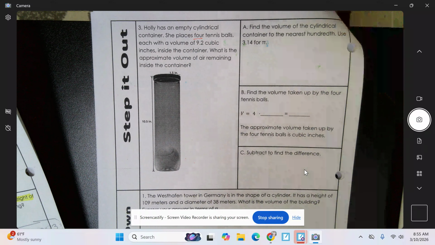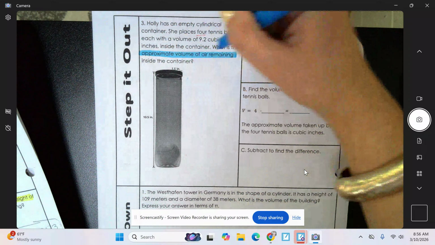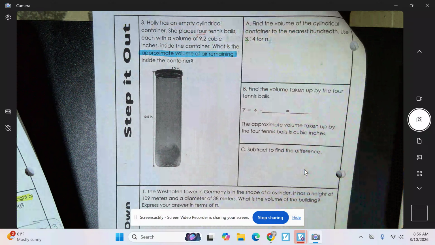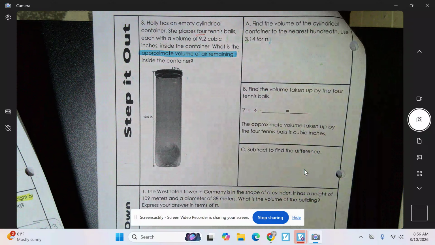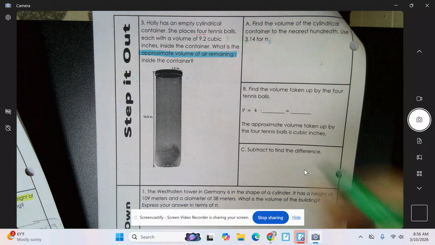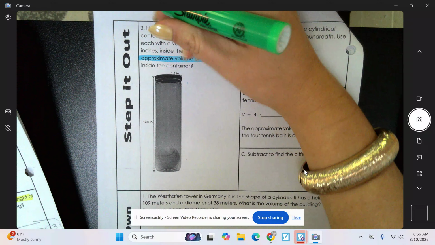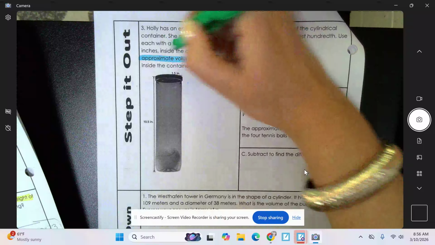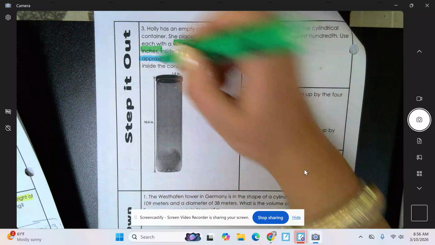So, what is the question asking for us? What could we highlight as what the question is asking us to find? What is the approximate volume of air remaining, right? What's some key information that we know? All right, there's a volume of 9.2 inches, each of them.